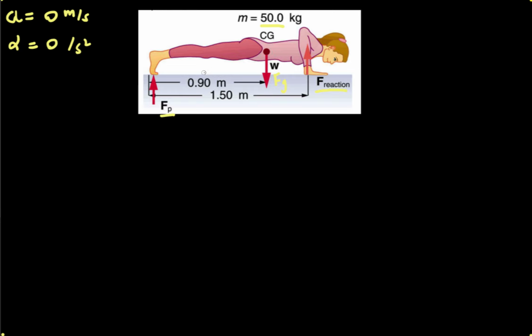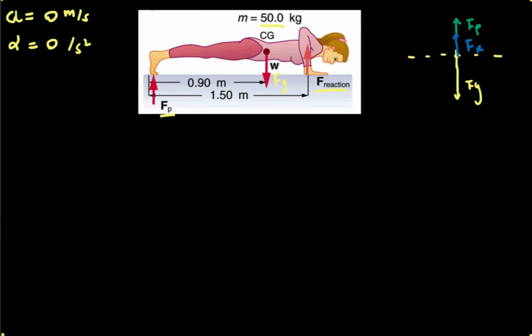Okay. So what we would know so far about statics problems is that you can go ahead and draw a free body diagram for this and write the equilibrium condition. So just to review real quick, free body diagram right here, you would have a force of gravity that points this way. And then you would have a force reaction and a force FP.